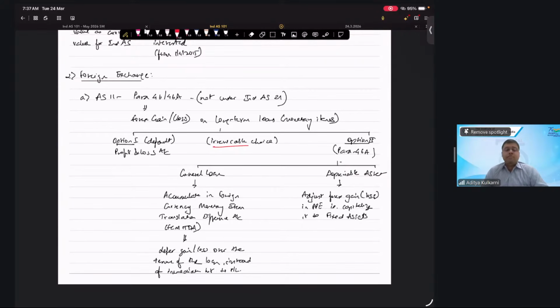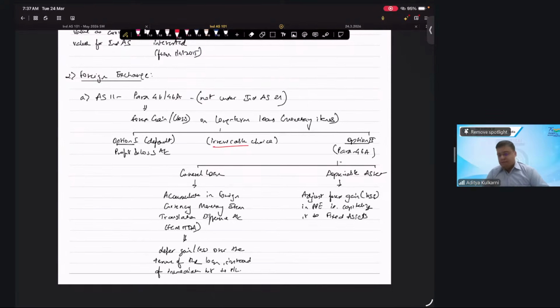Okay. So first option, take the difference to the P&L. Matter is closed. Second option is apply para 46A. What does para 46A tell us? Look at what you have purchased or what is the financing instrument that you have used. So the first thing is you are going to use, let us suppose, general loans.